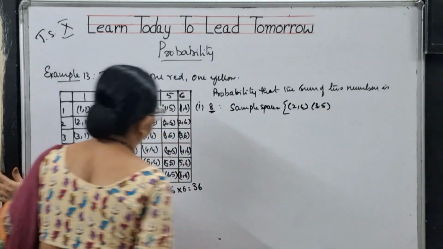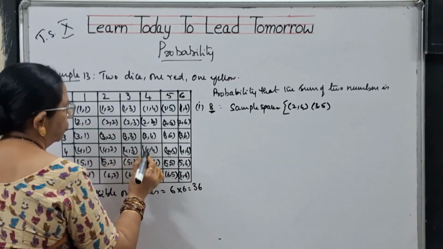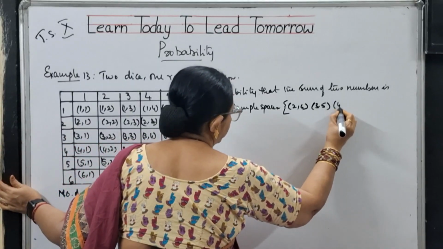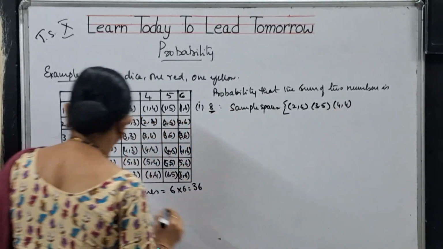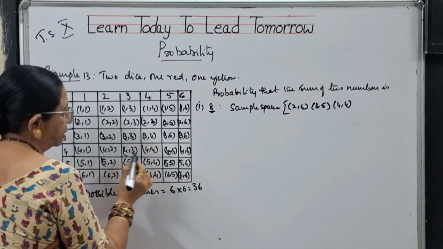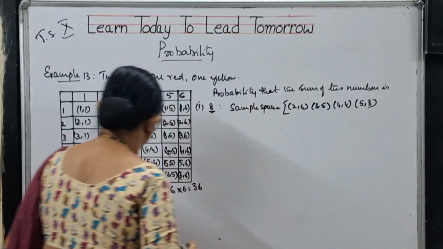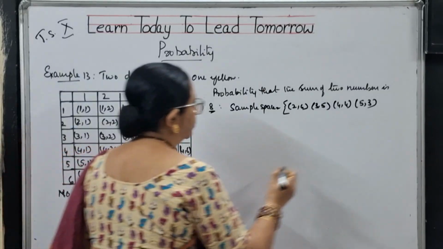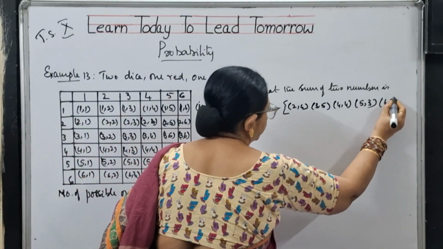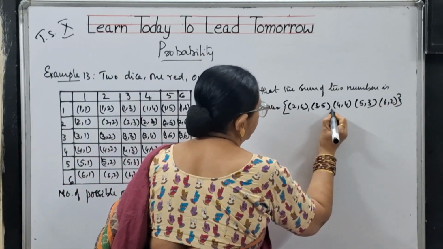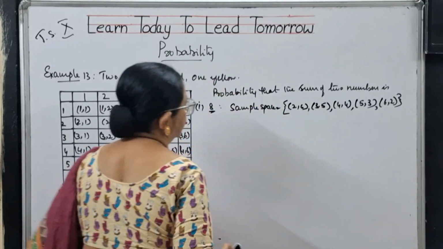This is one ordered pair. And here 4 comma 4 we are getting 8. And here 5 comma 3 will give you 8. And 6 comma 2. So these all are sample spaces.